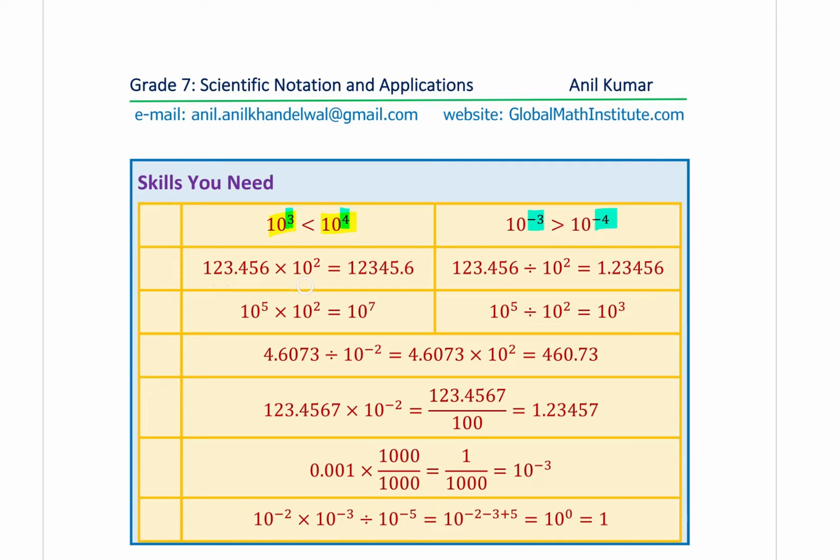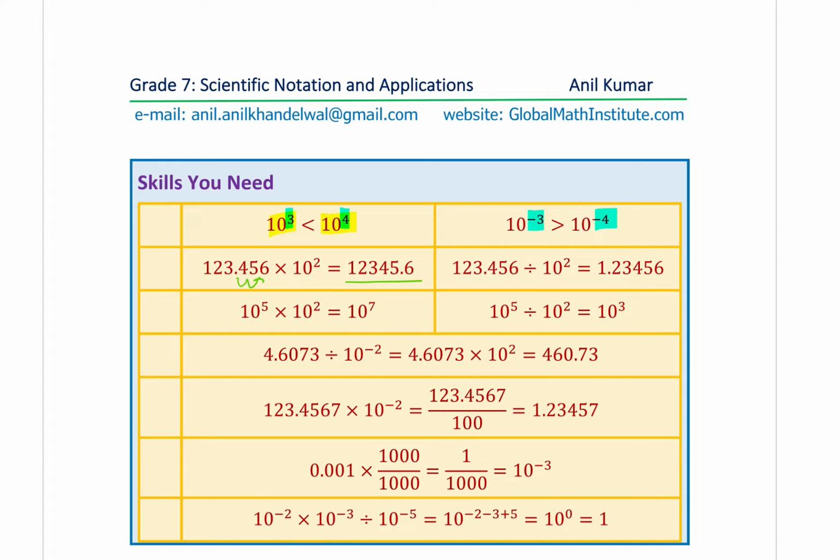Now, multiplying by tens, hundreds, thousands, or powers of 10 is another very important thing to consider. In this particular case, 123.456 times 100, 10 to the power of 2 is 100. So we are expecting a bigger number. This decimal will move 2 places to the right, and therefore what you get is 12345.6.